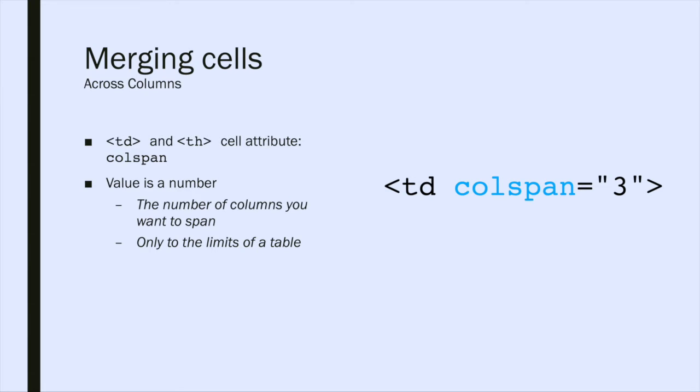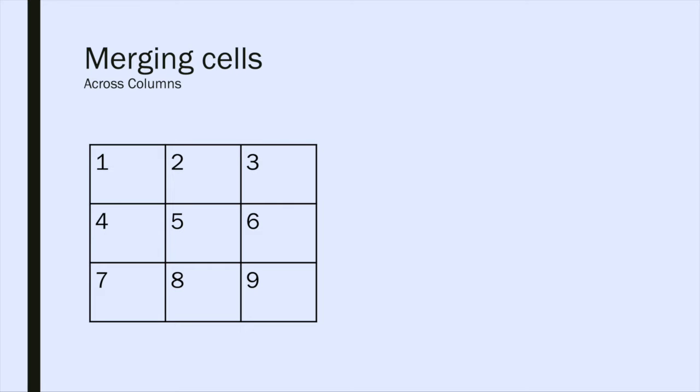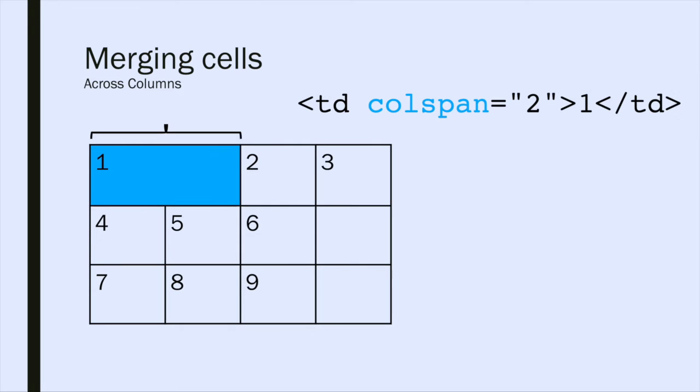Let me explain that. Take this very simple table. 3 columns, 3 rows, for a total of 9 cells. Well, for example, we have TD with 1 inside of it. Very simple, right? Well, if we decide to add colspan equals 2 to that one cell, it's going to bump everything else over by 1 column, which means that the numbers 2 and 3 will be bumped over 1 column.